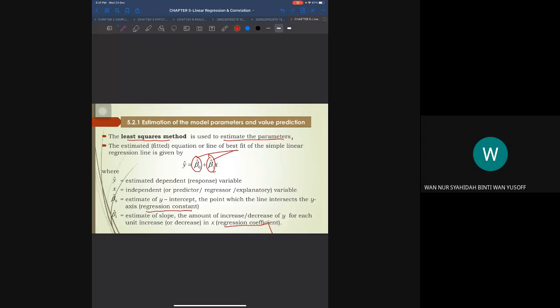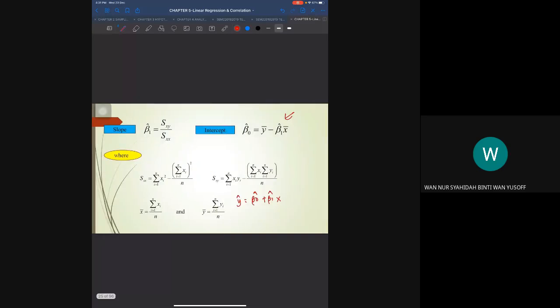If we need to interpret the slope, it is about the amount of increase or decrease of y for each unit increase or decrease in x. That's why we go up during the exercise. So this is how we calculate, just a simple calculation.